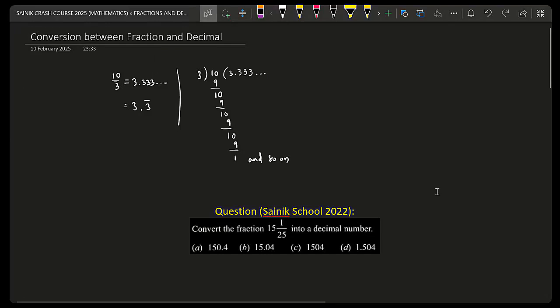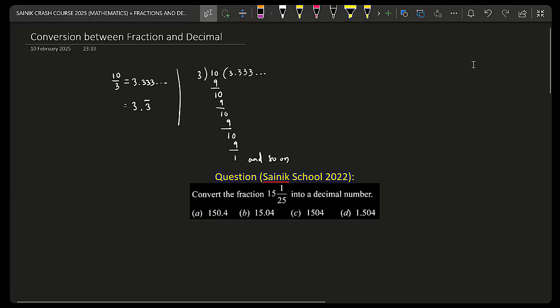Ritvik, can you give the answer? I am trying now only. Okay. Why did you raise hand? Ritvik, do you have any doubts? No, sir. Then why did you raise hand?